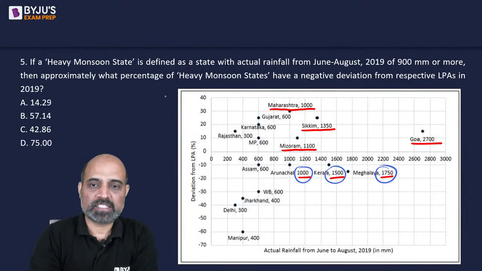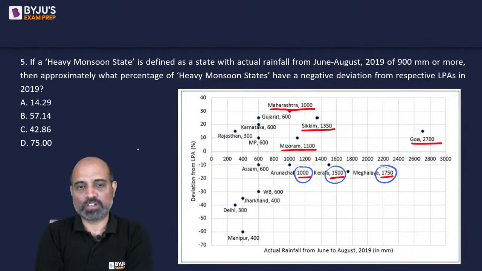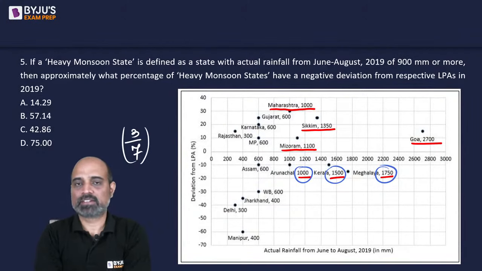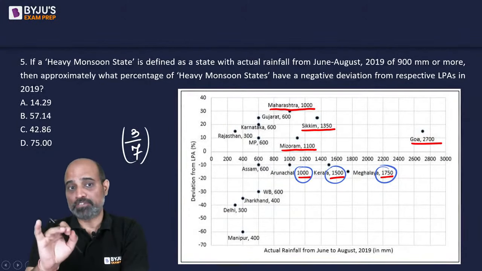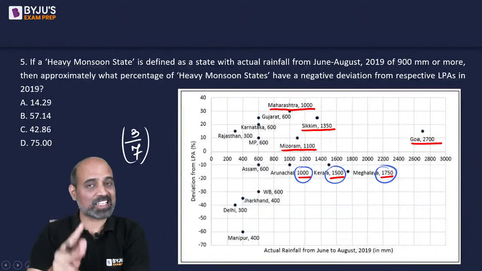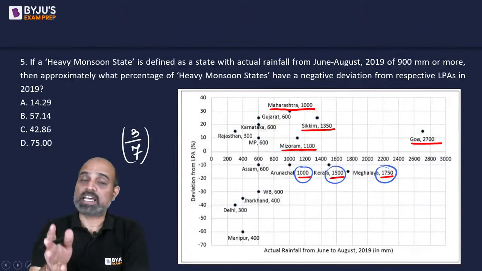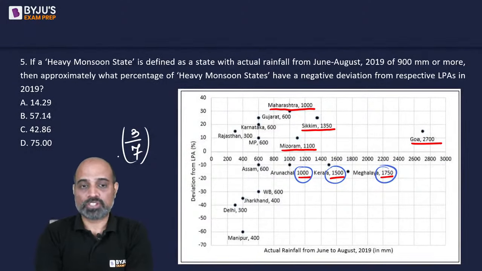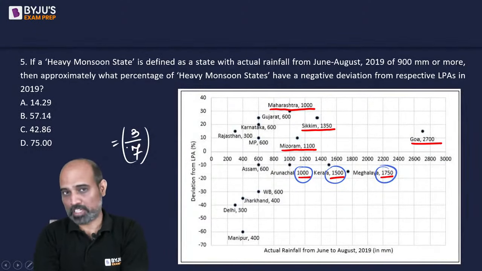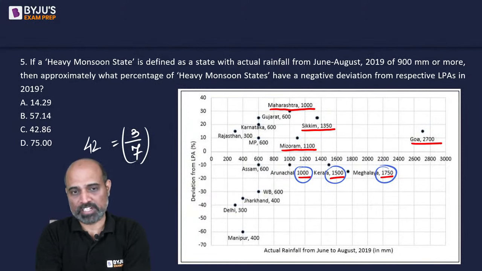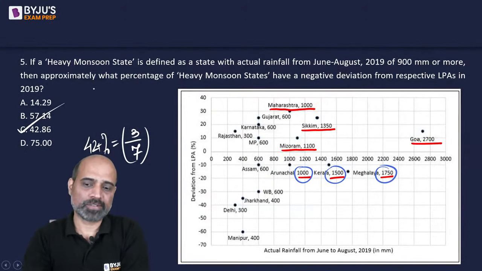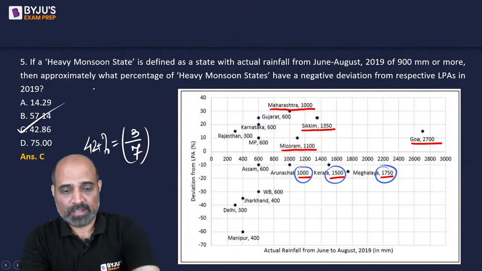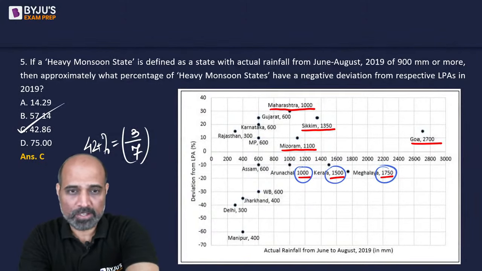So looking at this, can we say out of a total of 7, 3 ऐसे states हैं which fall in the category of heavy monsoon state, पहला चीज, and the second thing being कि उन 7 में से 3 have negative deviation. So 3 by 7, 1 by 7 is 14%, 3 by 7 is 40 plus percentage. The only option we have is C. C mark कर देंगे. ठीक है? Can you guys see the option? Right.